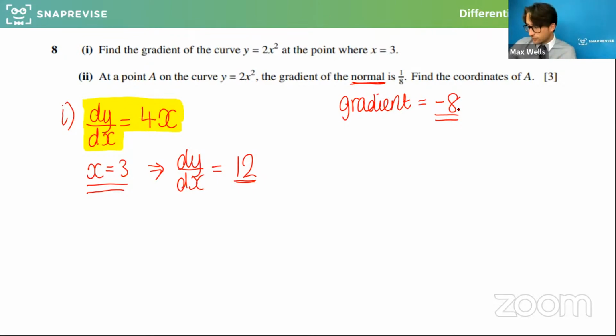So it's the negative reciprocal. It's like flipping it and changing the sign. So that's actually a complicated way of telling us that the actual gradient of that curve at that point is -8. So what we know is that dy/dx must equal -8 at that point on the curve.